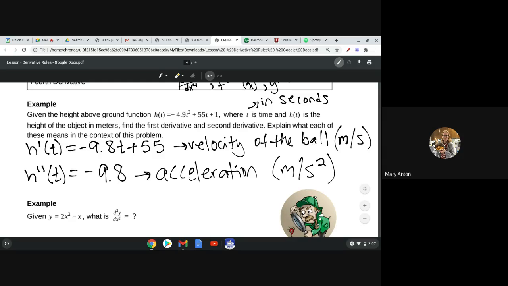And y'all, specifically, that negative 9.8 is the force of gravity. So that means this is an object in free fall motion. You dropped it off the cliff? Yeah, kind of something like that. Well, we threw it, though. That's what this 55 means. This is our initial velocity.